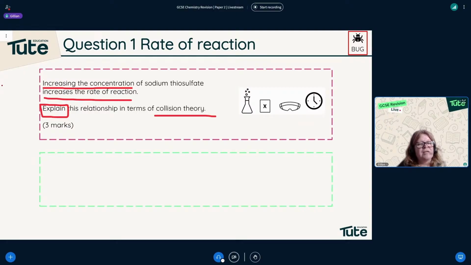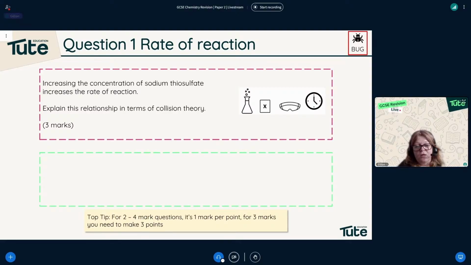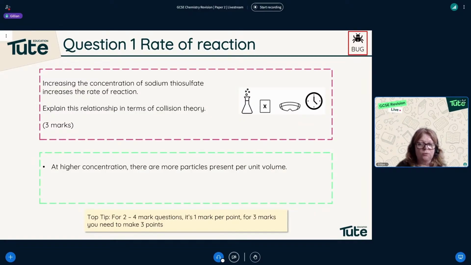So what is my top tip for this question? Well, for these 2 to 4-mark questions, remember it's 1 mark per point. Obviously this question is 3 marks, so we need to make 3 points. That's also key. At higher concentration, there are more particles present per unit volume.